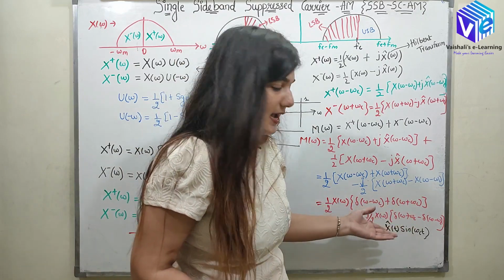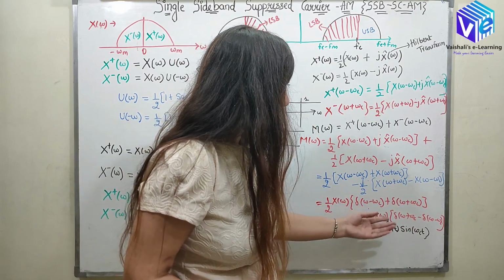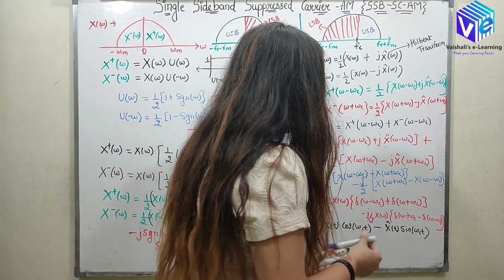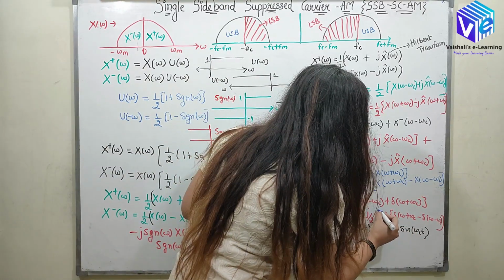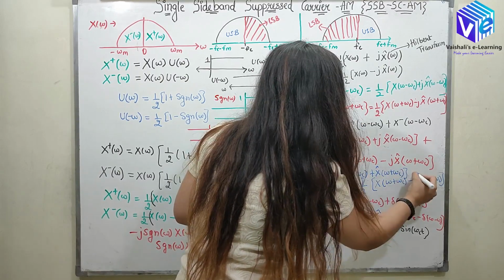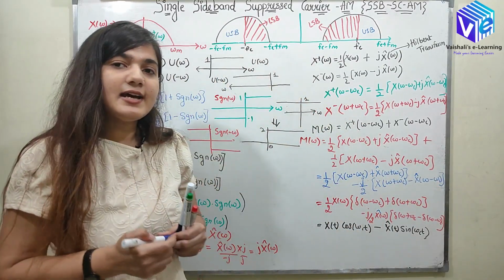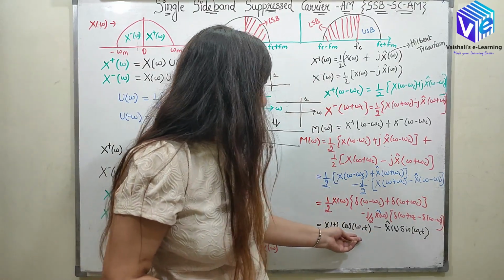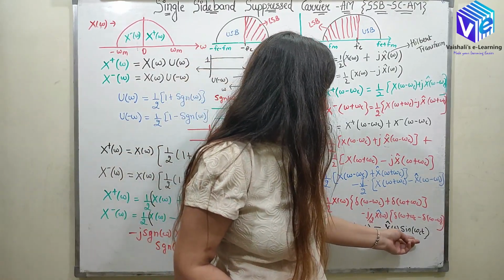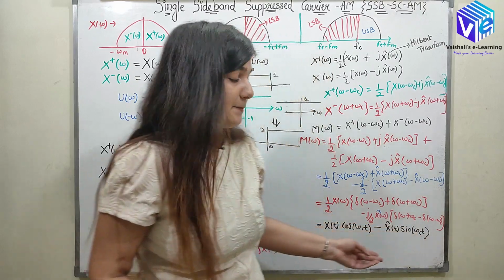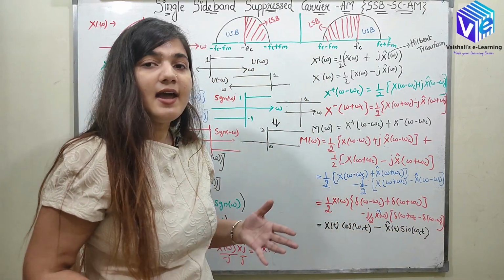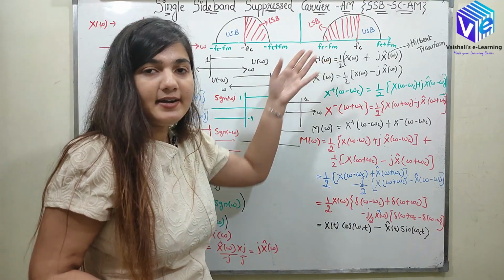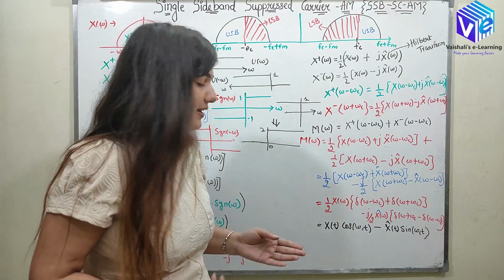So I can take the minus common again and it is now denoting sine of omega c t multiplying with X cap, where X cap represents the Hilbert transform. So here I have X of t into cos of omega c t minus X cap of t into sine of omega c t, which represents my output signal, which represents the upper sideband in the single sideband suppressed carrier.